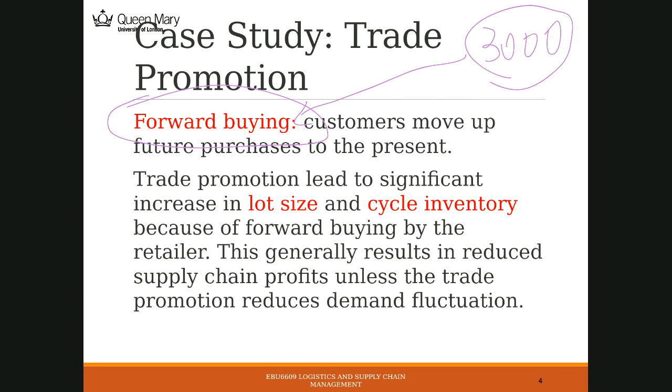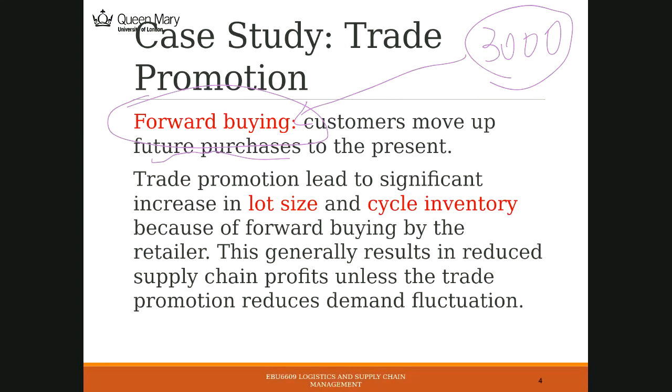You buy it because you want to move your future purchases up to the present. Typical thing, like in the UK, because of the lockdown, a lot of people are trying to get toilet rolls, not because they need them now, but for the future.